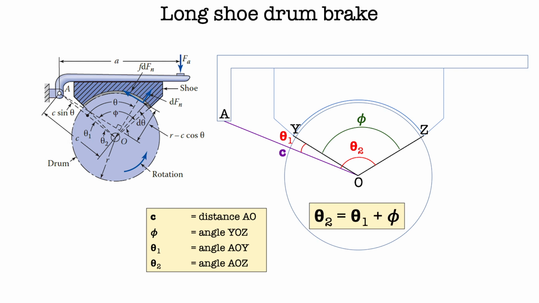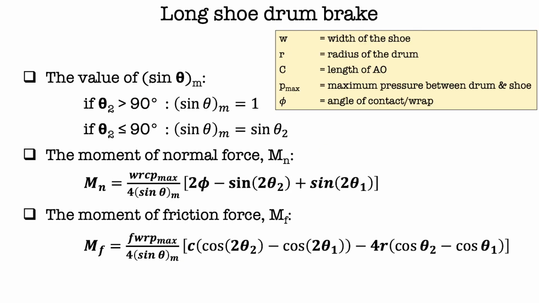Then theta 2 equals theta 1 plus phi. Remember that we have to use the same units for theta and phi at this time. For easier calculation, we just use degrees first. The value of theta 2 is important to determine the value of maximum sine theta. If theta 2 is greater than 90 degrees, then use 1 as the value of sine theta m.